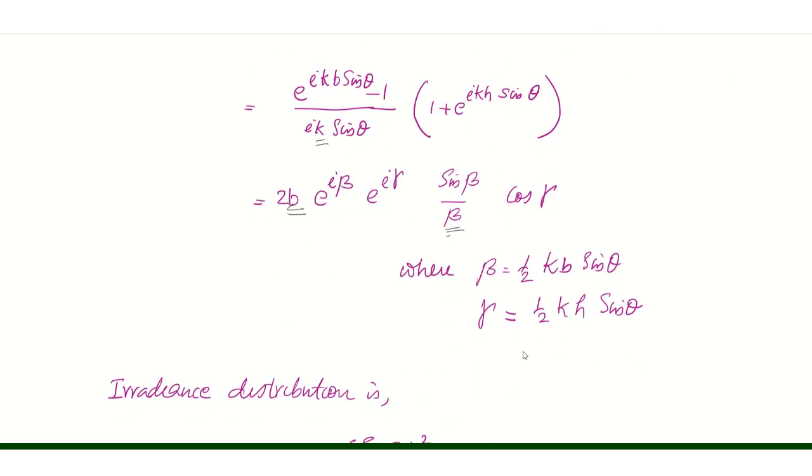One is half k b sine theta, which depends on the width of the slit. Now you have another one, half k h sine theta, that defines the separation between the two apertures, and this is what you will get for U_P.